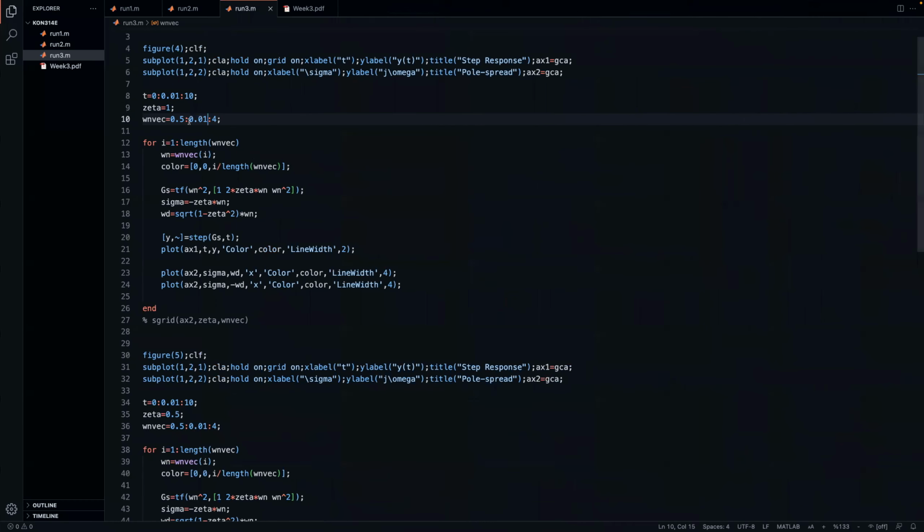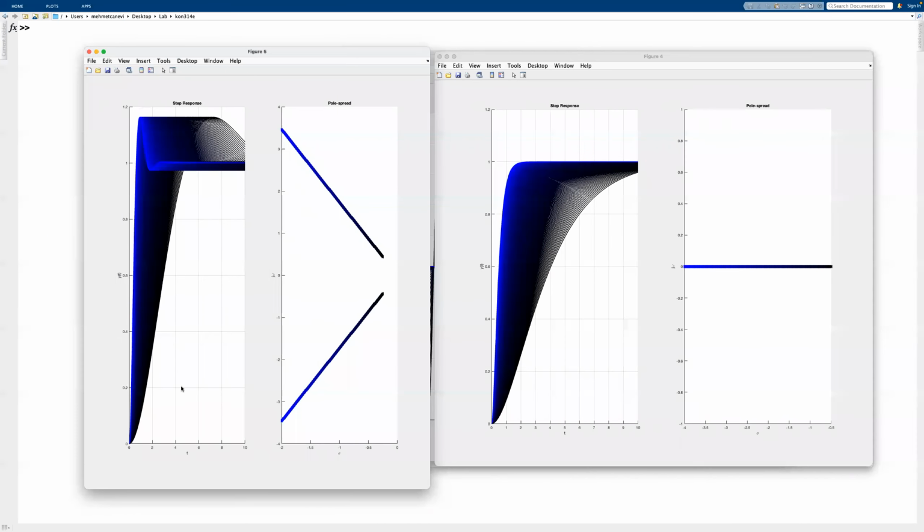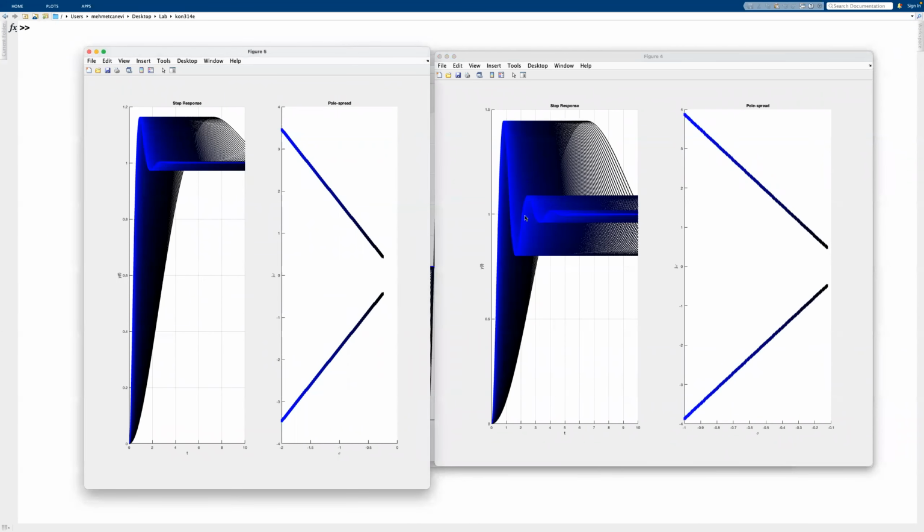Now, I could choose a maybe more dramatic one, like 0.25. And here on the right, we can see the shape is kind of the same, but you can see it is shifted. So it looks like a three-dimensional thing that we can look at probably, but the behavior will always be the same since it's just shifted with omega n, or it is stretched out with omega n, and that's basically it.